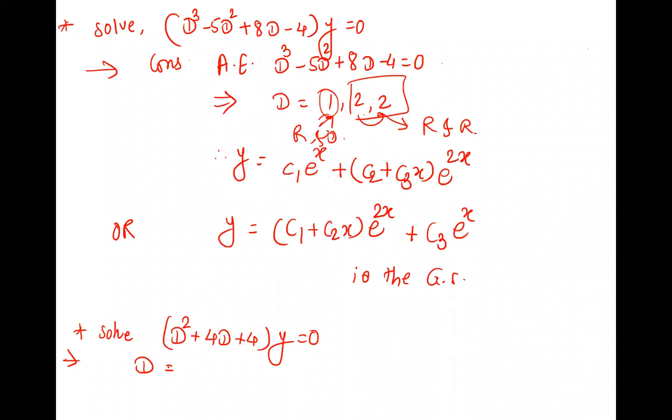Twice? Yes ma'am. Okay, good. Write it then. The calculator is showing you only minus 2, isn't it? Yes ma'am. Writing only minus 2 because its order is 2. So minus 2, minus 2. Whatever the calculator is showing, because it has 2 roots and the calculator is showing only 1, the last is repeating itself.